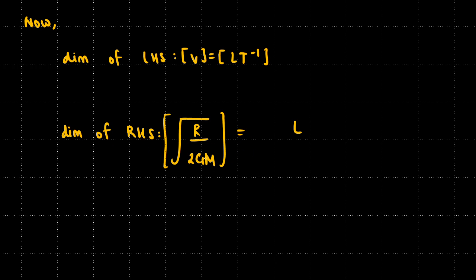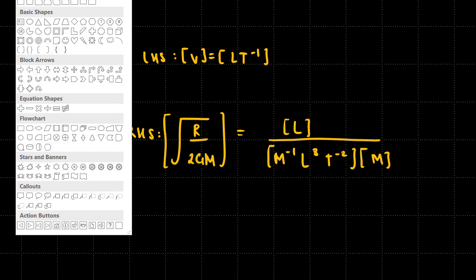Oh yeah, I forgot to write, but not necessary. So 2 has no dimension. Similarly, capital G has minus 1 L cube t minus 2, and M has the dimension of M.